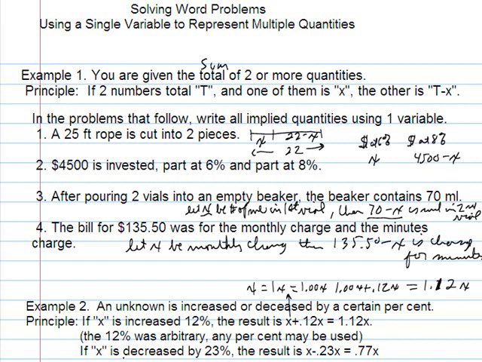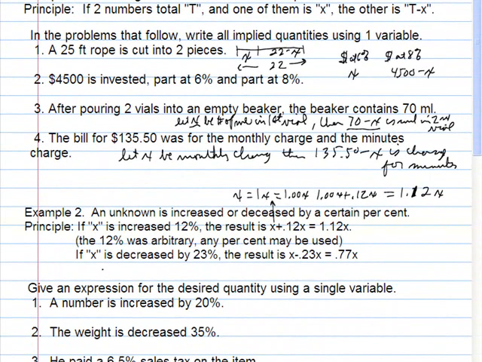So I said suppose x gets decreased by 23%. Now what we really mean there is x gets decreased by 0.23 of x. When you say x gets decreased by 23%, part of the sentence is left out. It means x is decreased by 23% of x. So that's the 0.23x. And again, that's the same as 1.00x minus 0.23x, which is 0.77x.